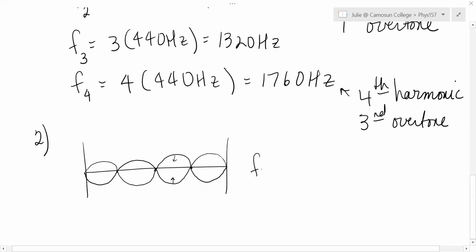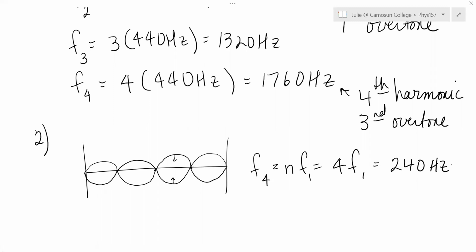But anyway, so this is F4, which is 4 F1. So it's 4 times the fundamental. And it says this frequency is 240 hertz. Give at least 3 other frequencies at which it will resonate.